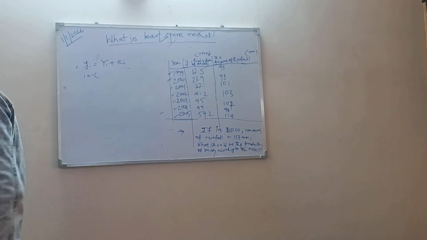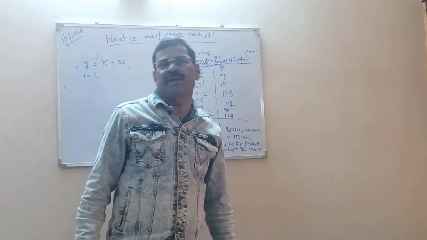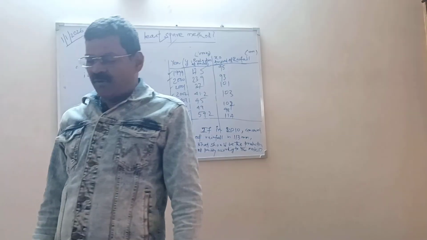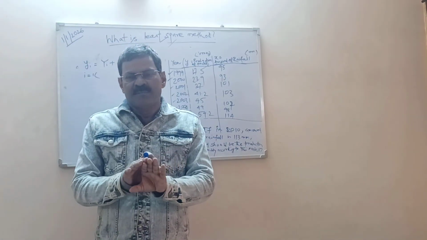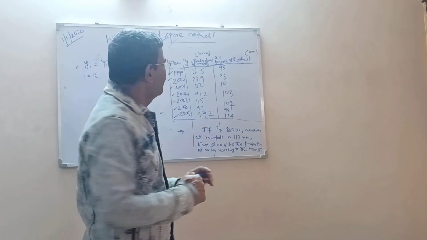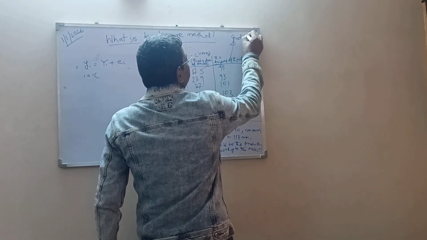Now first let us understand, out of these two variables y and x, which one is independent and which one is dependent. Independent means it doesn't depend upon anything. Rainfall doesn't depend upon anything, so rainfall is my independent variable.